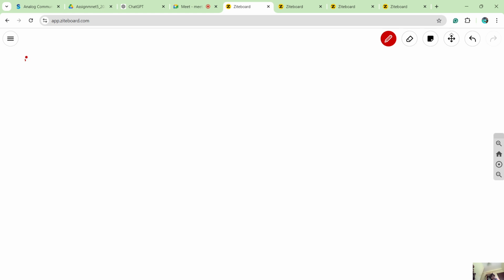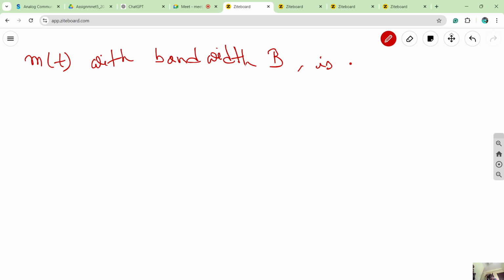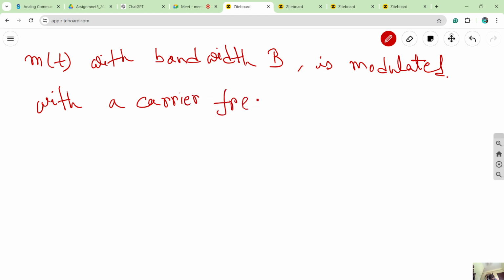Suppose there is a message signal MT with bandwidth B. And this is modulated with a carrier frequency Fc, where Fc is actually greater than the bandwidth.